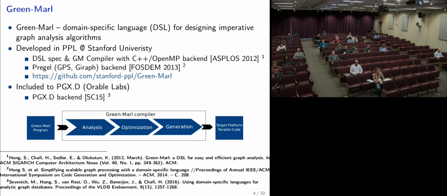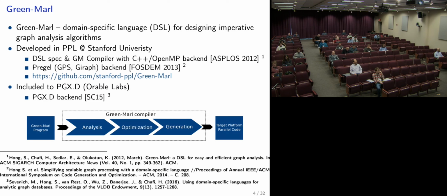It was announced and the first paper was published in 2012. The first implementation of Green-Marl was based on sequential C++ and OpenMP backends, and showed rather high effectiveness.